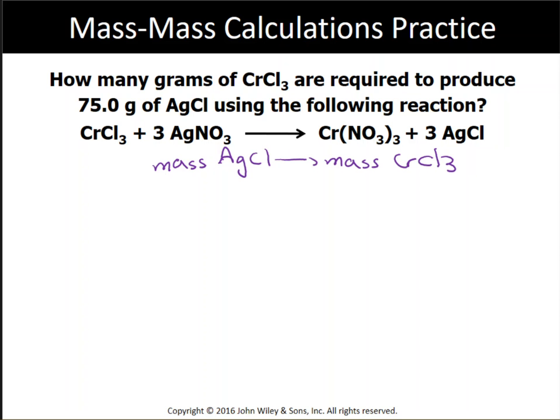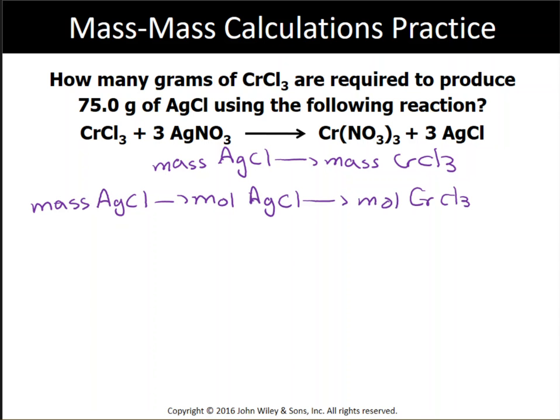So in order to find the mass of chromium 3 chloride, we need to have moles of chromium 3 chloride. So from mass of silver chloride, we're going to find moles of silver chloride. And then we can find moles of chromium 3 chloride. And then we find the mass of chromium 3 chloride.